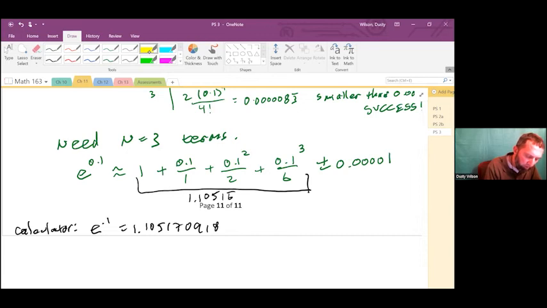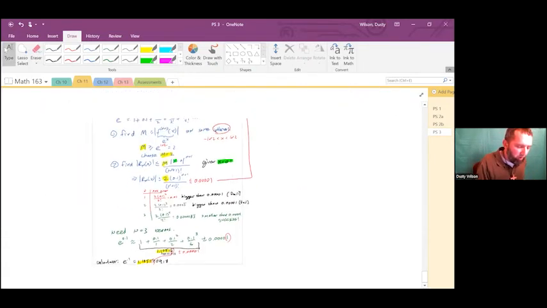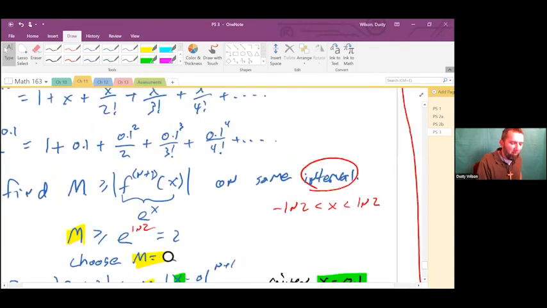If we compare them, there's no difference until we get to the 5th place. Our only difference is there. That's the plus or minus 0.00001. So all told, what have we done?